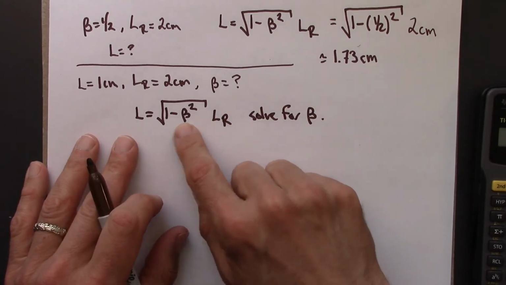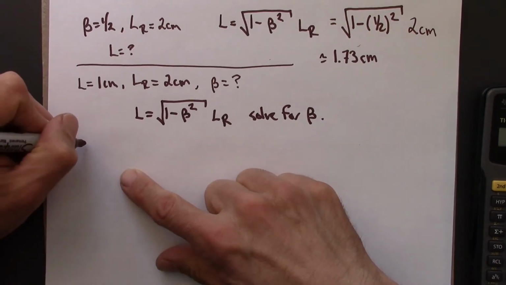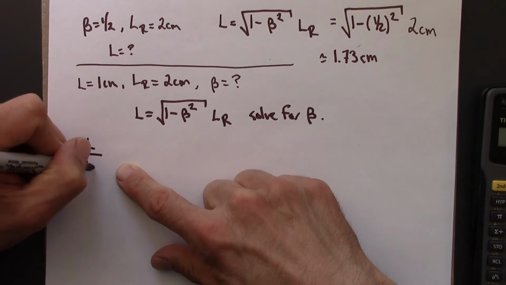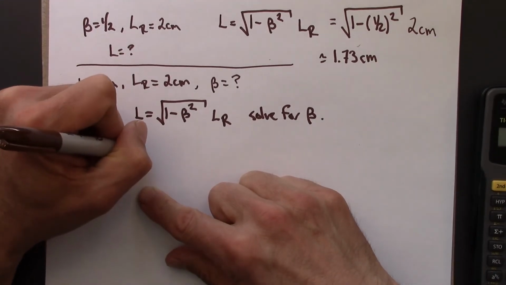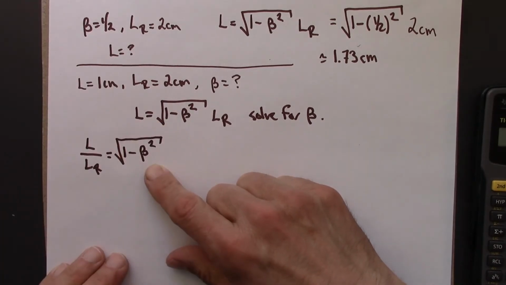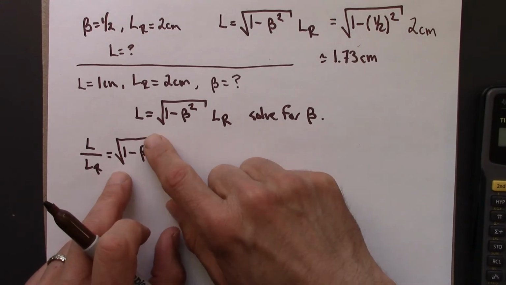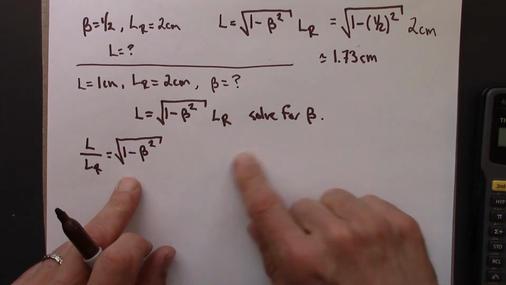Maybe the first thing I'm going to do is divide both sides by LR. So L over LR is the square root of 1 minus beta squared. I've got beta inside a square root sign, and I want to get beta by itself.